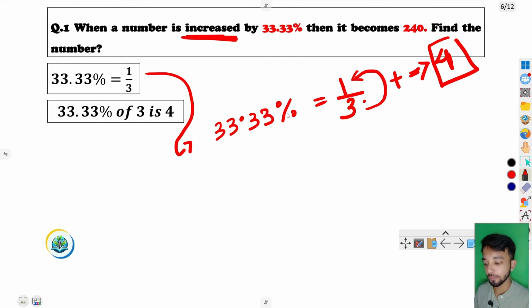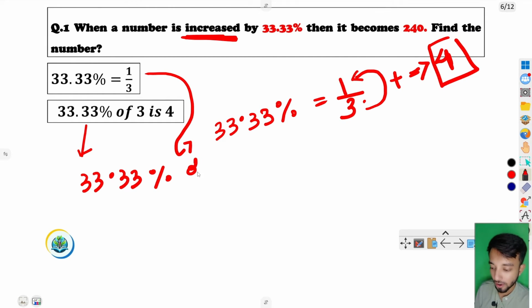Now, what is that number? Just remember that 33.33% of 3 is equal to 4.